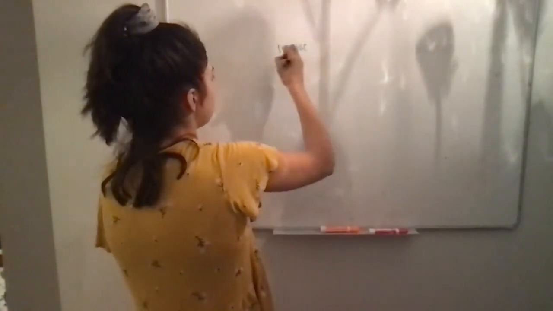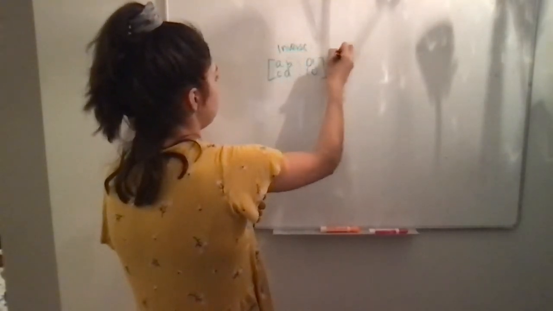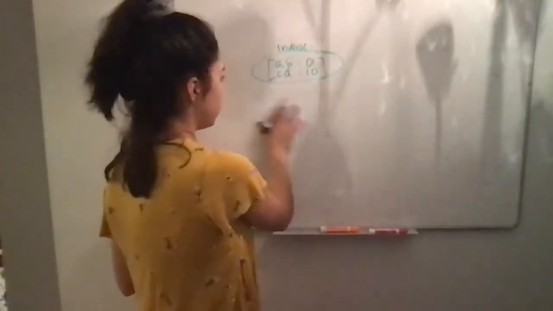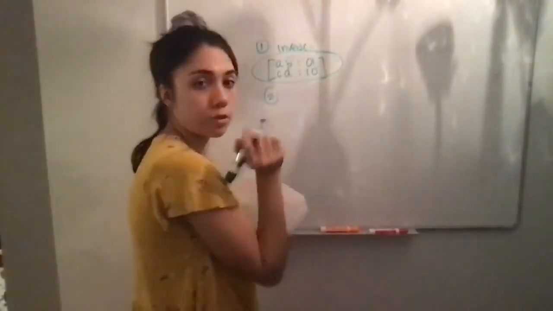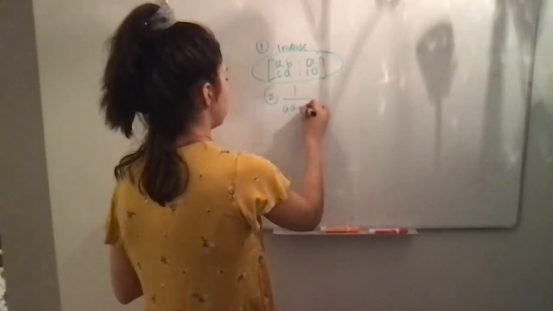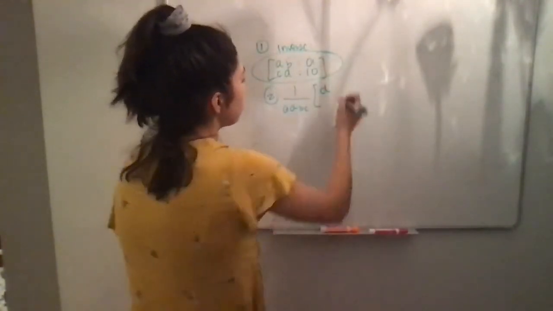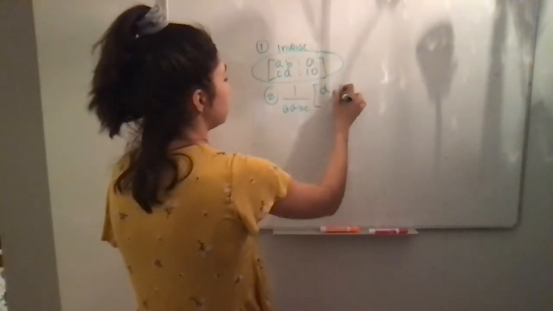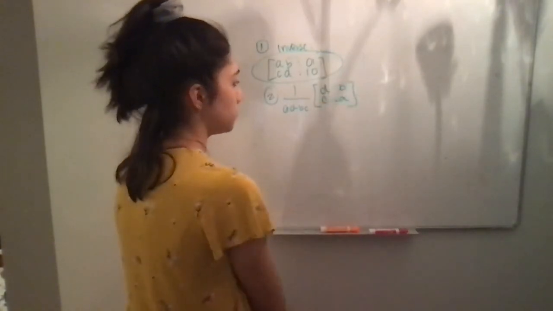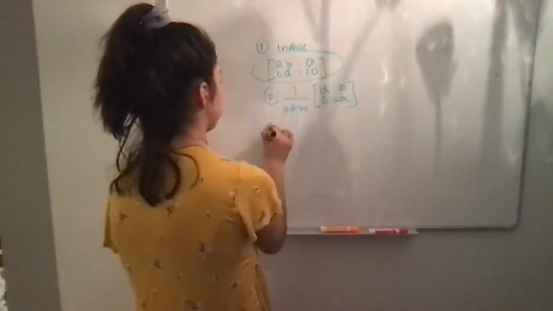The first one: when you're trying to find an inverse, you use this idea and then switch everything around to find the inverse. Second, if something is invertible, it has to have 1 over AD minus BC times the matrix with D, negative B, negative C, A. So something can only be invertible if it follows this form.